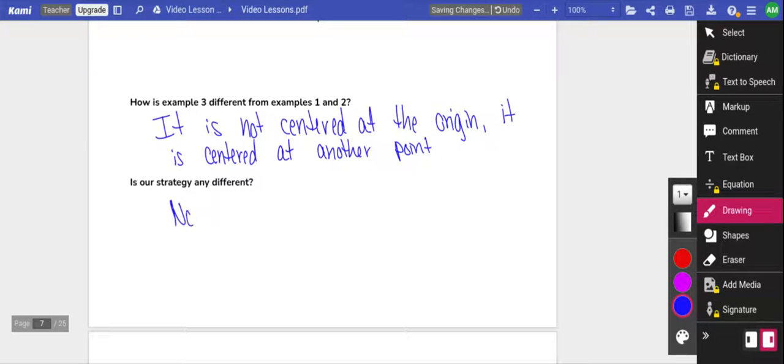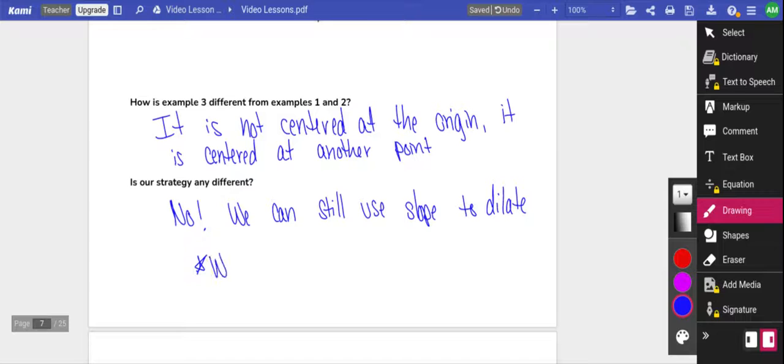The answer is no. We can still use slope to dilate. But I'm going to write a little star and say we cannot use multiplication. We can only use multiplication if it's centered at the origin.